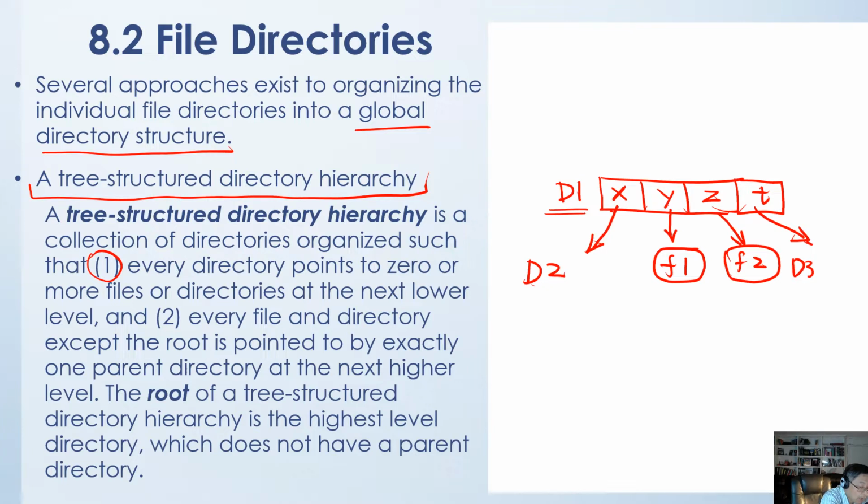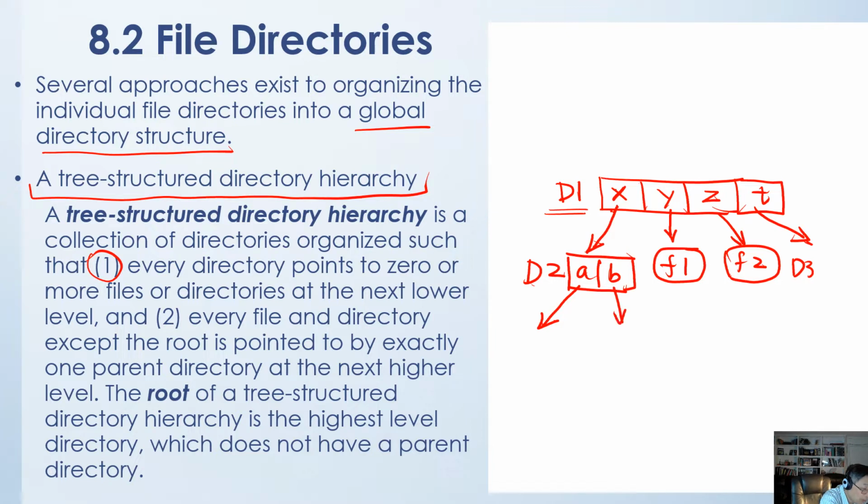Now because X and T are directories, they are special files, right? So each directory could also point to either 0 or more files. D2 points to more files, let's say A and B. A could be another directory or a file.